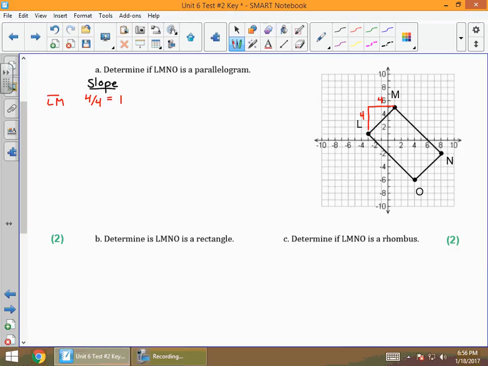All right, that's the one that I think is going to be parallel. So O to N, it looks like it goes over 1, 2, 3, 4. That's good. It's a number I've seen before. And it goes up 1, 2, 3, 4. And that's good. So my rise is 4. My run goes to the right 4. So 4 over 4 is 1.